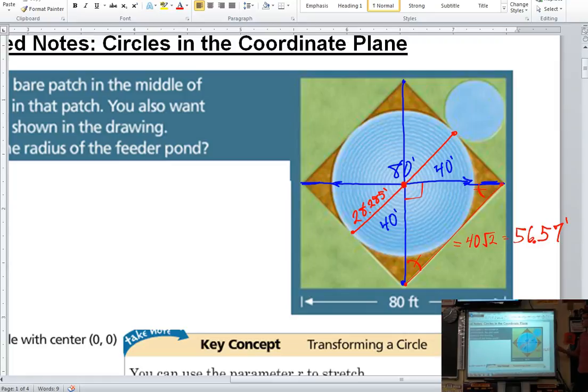Okay, so let's talk about how we're gonna figure out the pieces of the triangle. So to deal with this corner, you know this now, right? Because it's a square, so we know that's our 56.57. So two of these sides would be 40. How do you know?